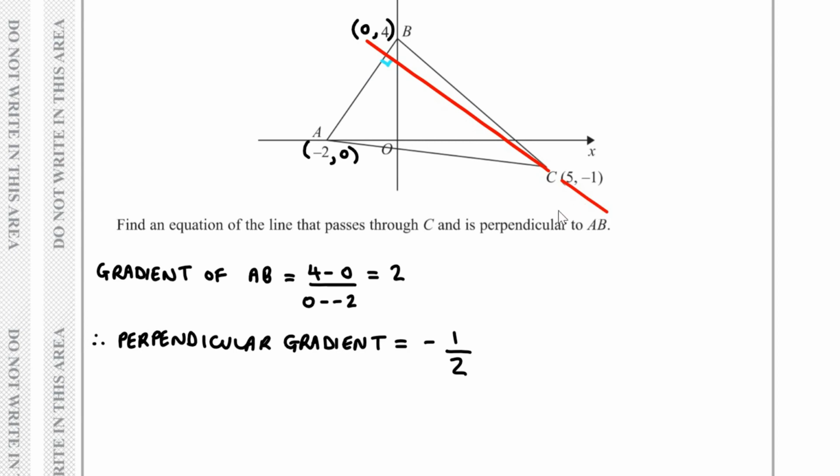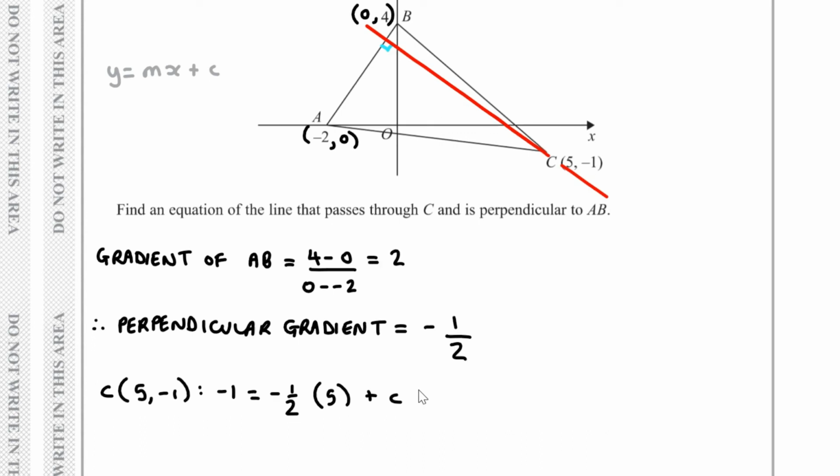And now we need to find an equation through the point C. If we use the coordinates of C, which are 5, -1, using y equals mx plus c, let's just write this down. We have y, which is -1, equal to m, which is -1/2, lots of x, which is 5, plus c. And we need to find out what c is.